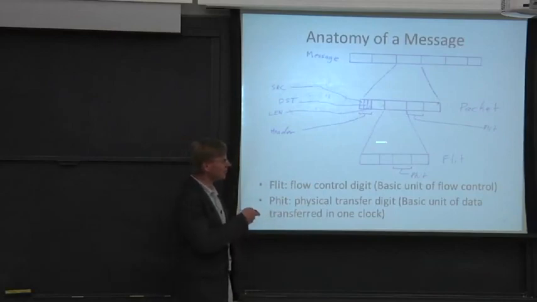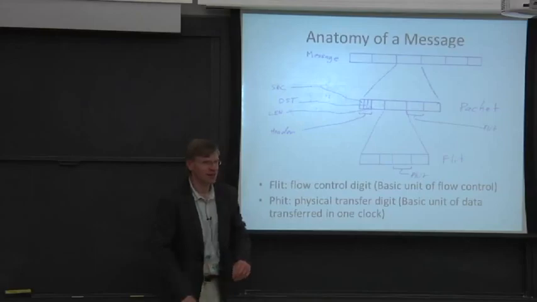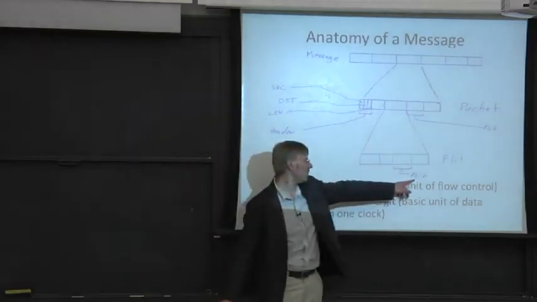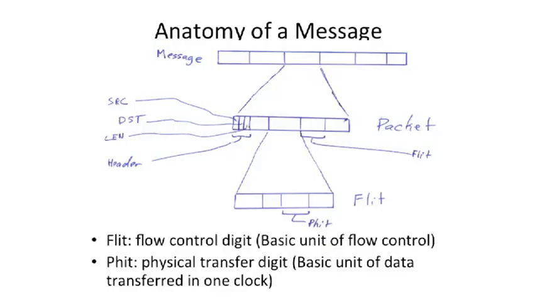Now we can split inside of a flit, and we can actually look at something called a fit, or a physical transfer digit. And a fit is what I was talking about with if you had, for instance, 4 bytes that you're trying to transmit, and you flow control on those 4 bytes.